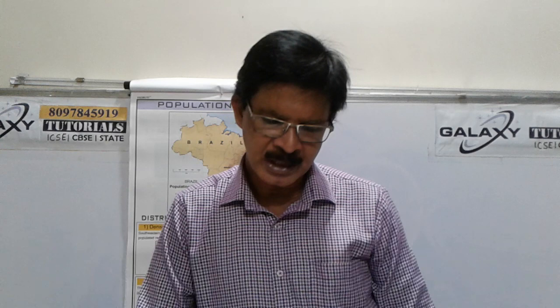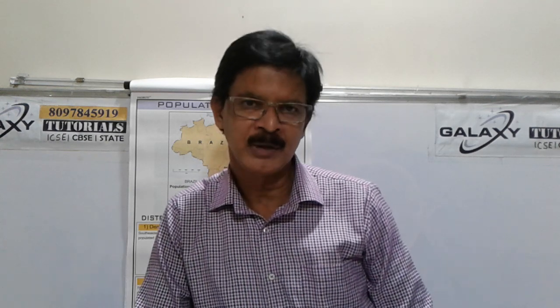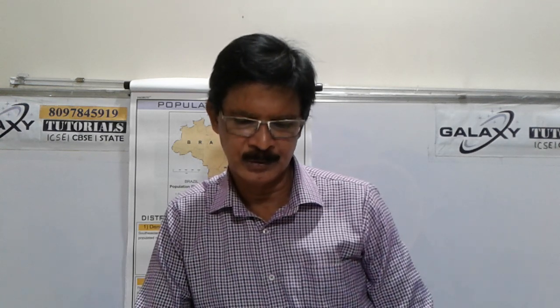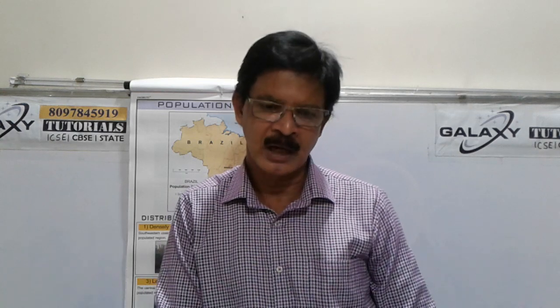So what you see in this graph is, what is this? This is used to study the age and sex related aspects, meaning how many males and how many females you see. The upper graph of Brazil shows the number of females is always more than the number of males.